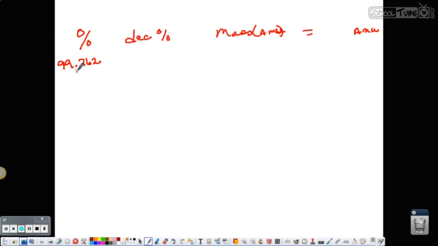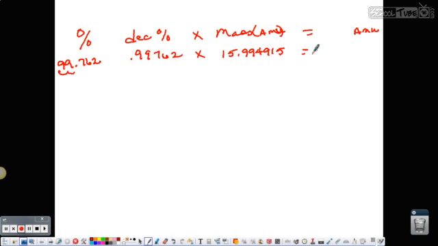Now we're going to get the decimal percent. When I divide by 100, I'm going to move my decimal 2 places. So that's 0.99762. And I'm doing a times here, so times the mass, which is 15.994915.